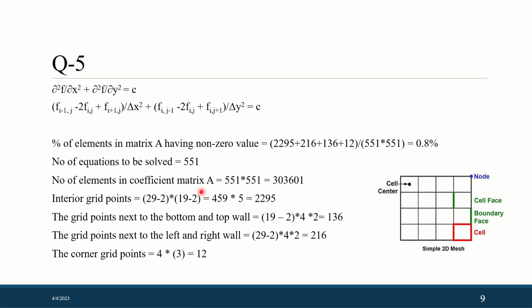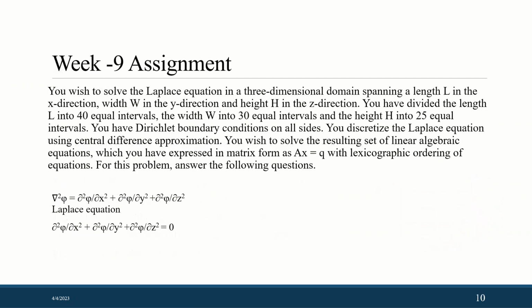Now we'll move on to the week 9 assignment problems, and we'll solve them. It is given that these are the assignment problems, 10 questions, in the coming up slides.